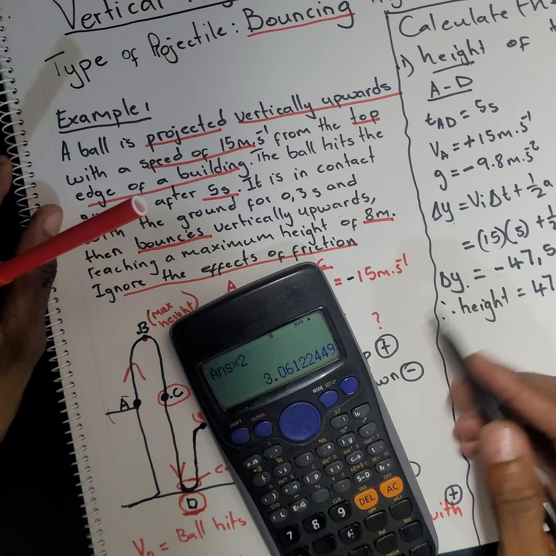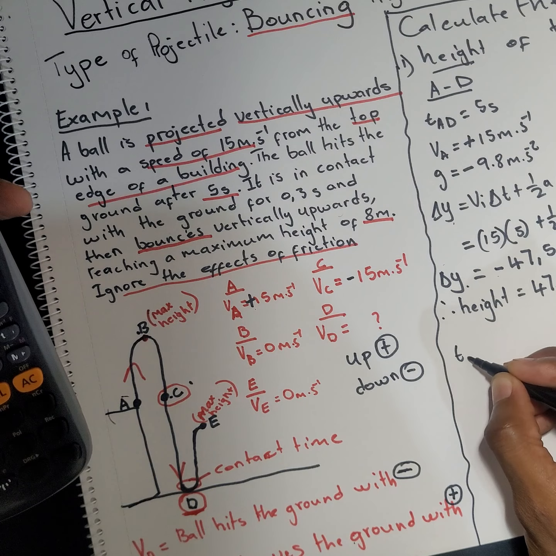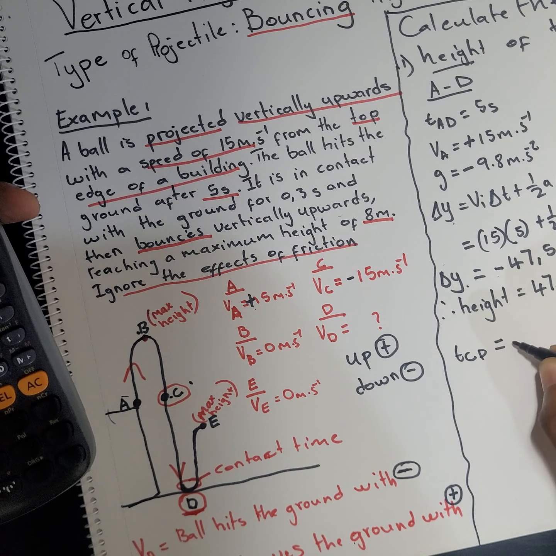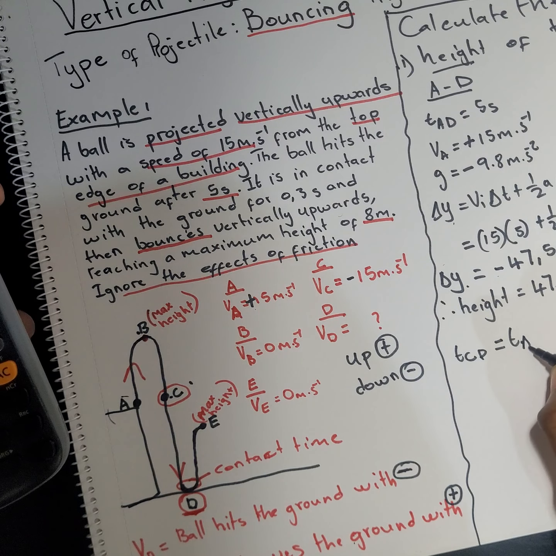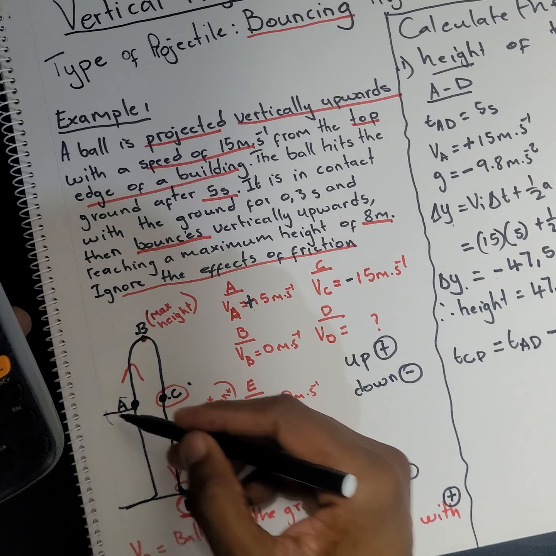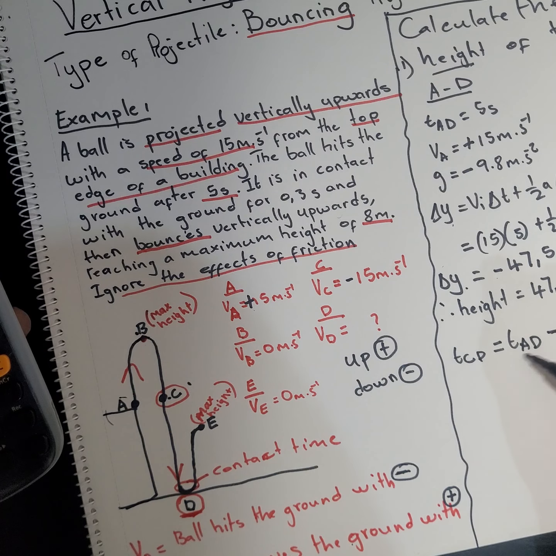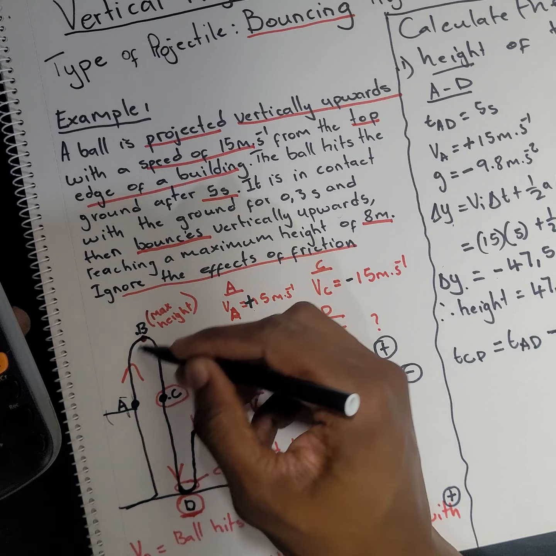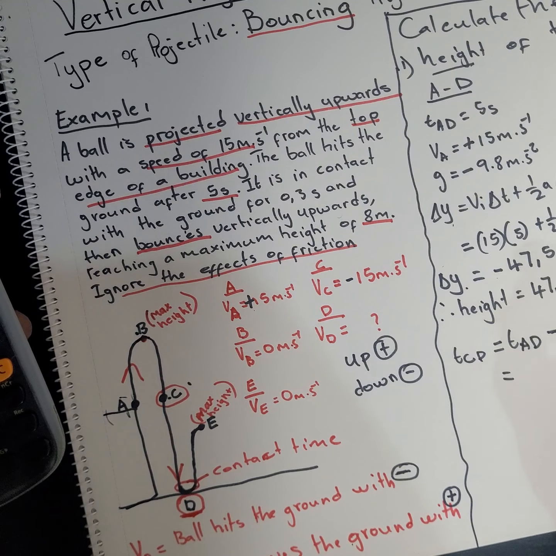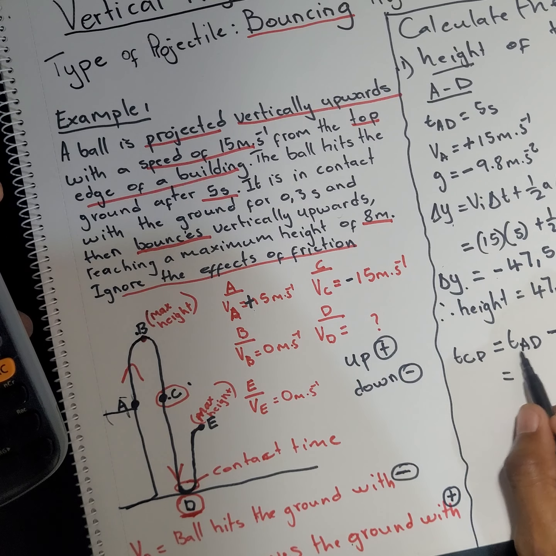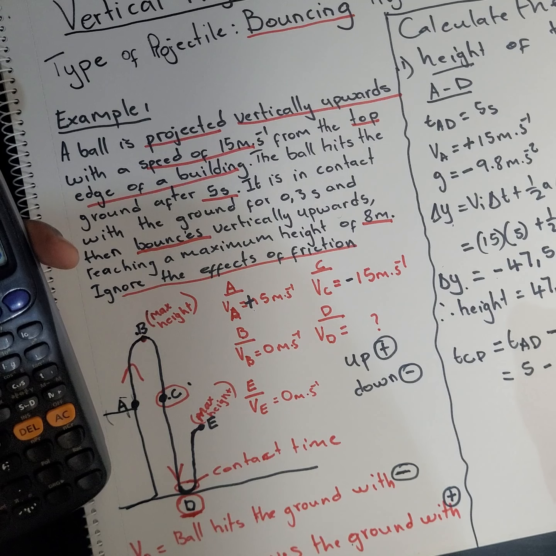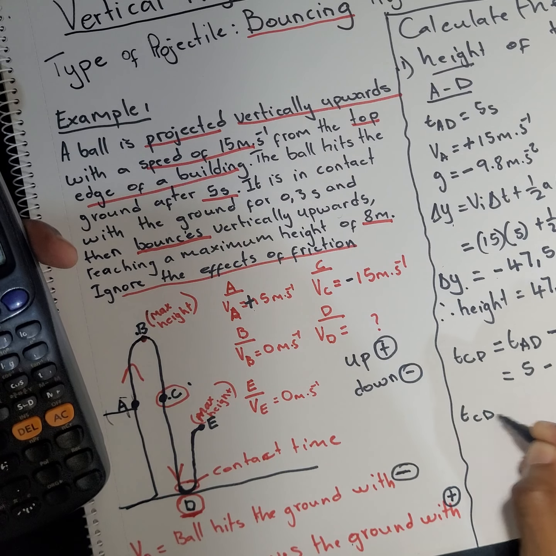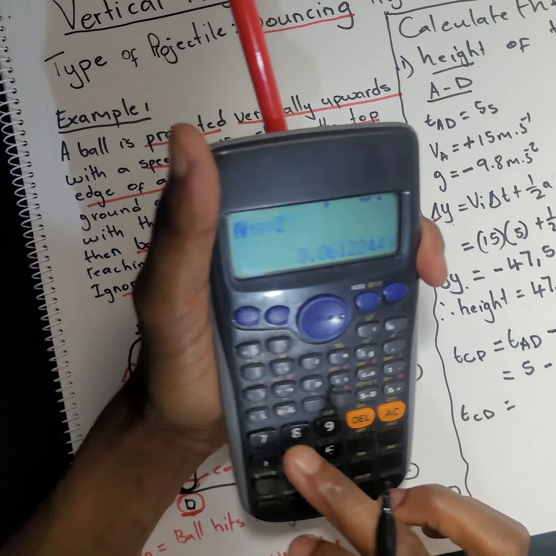And then from there, to find the time from C to D, it will be equal to the total time A to D minus the time from A to C. If I subtract that time, I will get the time from C to D. So 5 seconds minus 3.06, so the time from C to D will be 5 minus the answer there, which is 1.93877551.